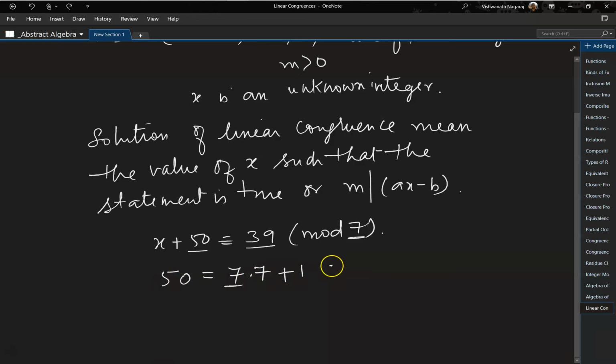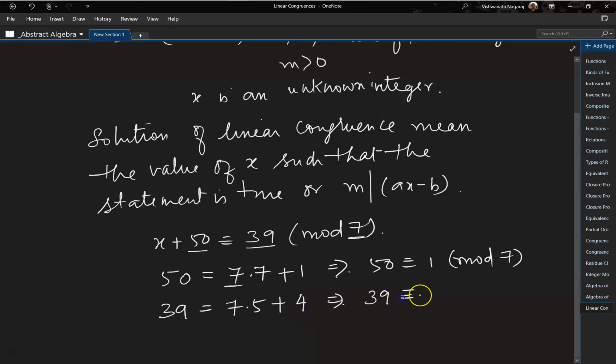So 50 is congruent to 1 mod 7. Similarly, 39 can be written as 7 times 5 plus 4. 7 times 5 is 35, so 4 is the remainder, which implies that 39 is congruent to 4 mod 7.